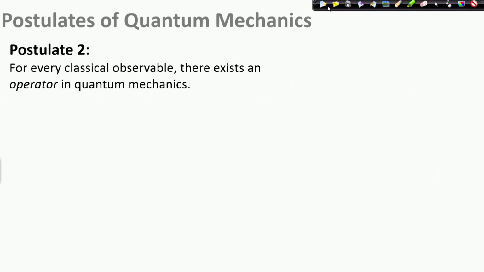We will continue our discussion further, especially to the second postulate, which gives us a recipe as to how we can get some information about the system. The second postulate says that for every classical observable, there exists an operator in quantum mechanics. So, if we want to get some idea about a system, we must ask what we want to know about this system, what property we want to measure for that system.